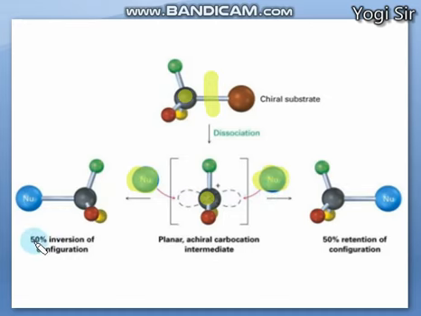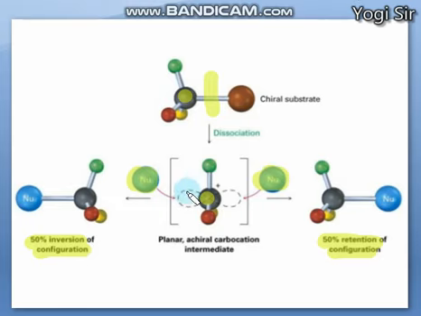First, 50% inversion, meaning the inverted product as compared to the initial. You can see this is opposite to the initial product, so 50% can be inversion of configuration, and 50% can be retention of the configuration, meaning it remains the same as the original structure. Retention means no change.